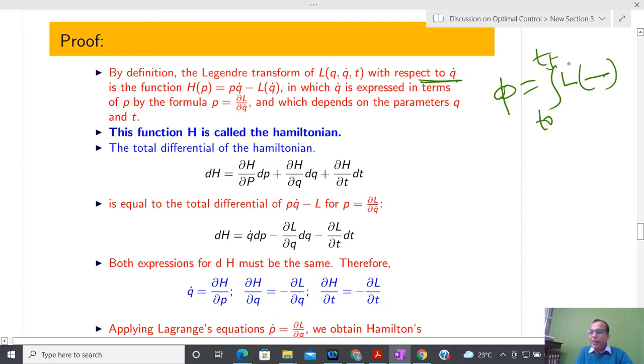So I am going to make a selection where this function L is convex with respect to the rate of change of some variable. Suppose here the variable is q, then it should be convex with respect to q̇. In order to check the convexity with respect to q̇, I have to take the second partial derivative, and again some quadratic form comes into the picture, and I have to make sure that it is positive definite.